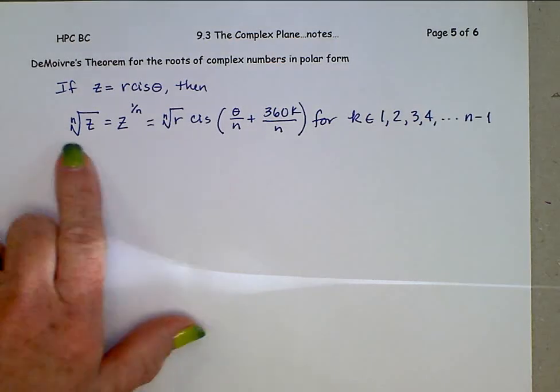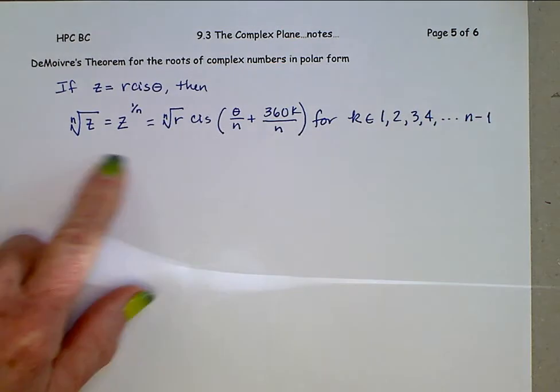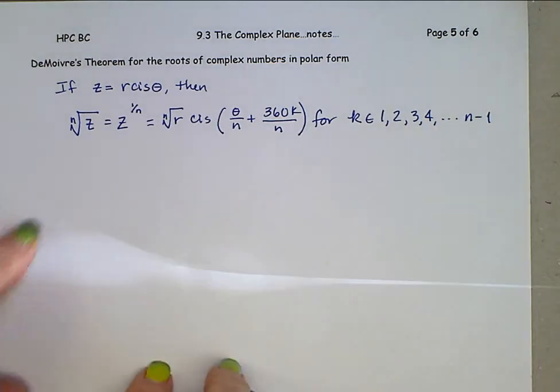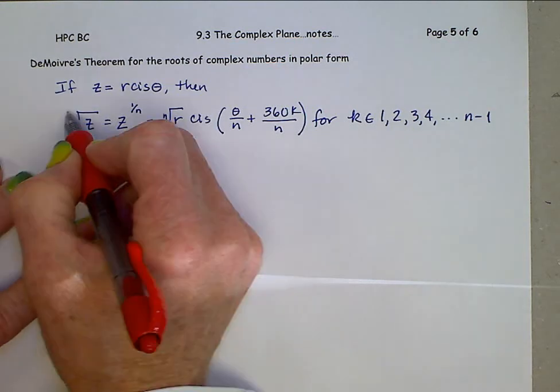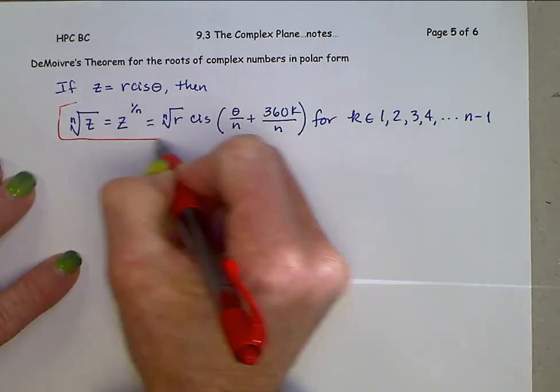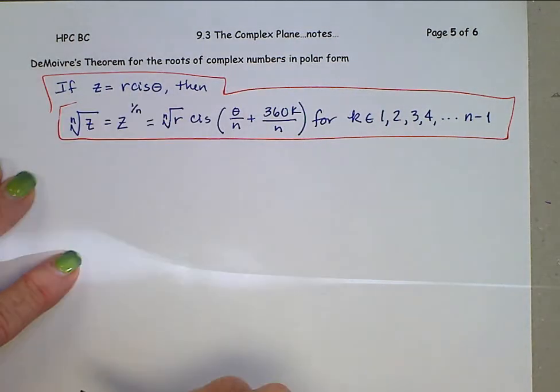This is his formula or his theorem for finding the nth roots of a complex number in polar form. Yes, you have to memorize this. Yes, you need to memorize that.